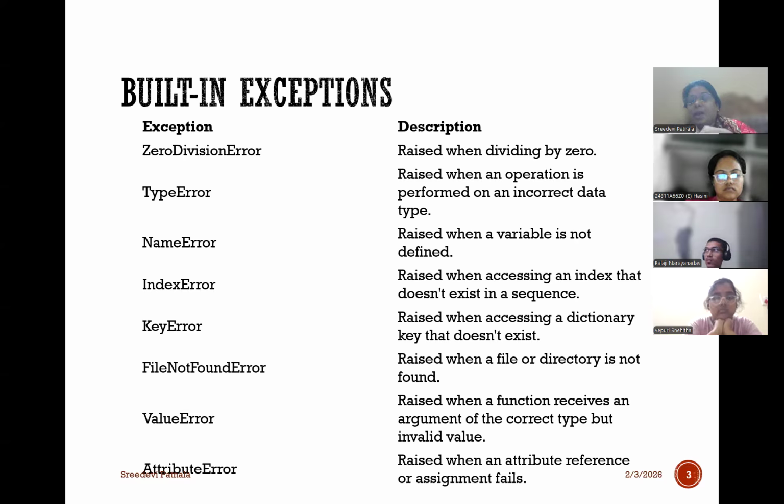Value error means again, which is in another chapter called functions, where you will have multiple types of functions: with parameters, without parameters, with default values, like this, multiple varieties will be there. While teaching that chapter, I will cover this, and you can use this exception there.